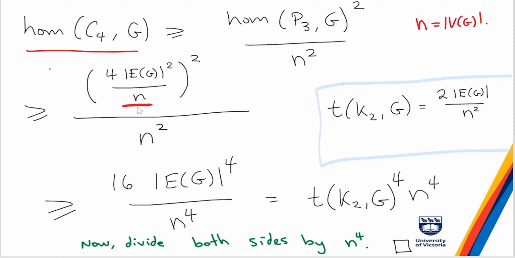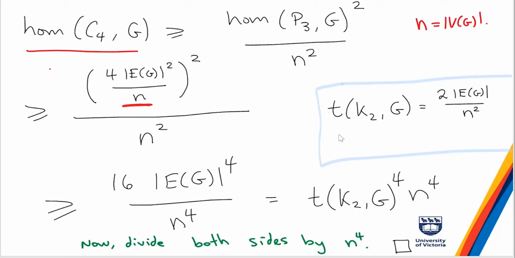You do all the algebra, and what you end up with is 16 times the number of edges to the 4, because the 4 becomes squared, edges squared becomes squared, so it's edges to the 4. You get n squared on the denominator, which combines with the other n squared to make n to the 4.